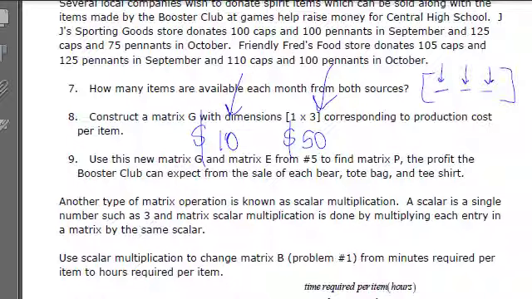So obviously you are going to be expected to subtract two matrices. And as long as you have matrices that are like, say, a 2 by 2 minus a 2 by 2, you can certainly subtract. I'll be sure to show you what the subtraction looks like later.